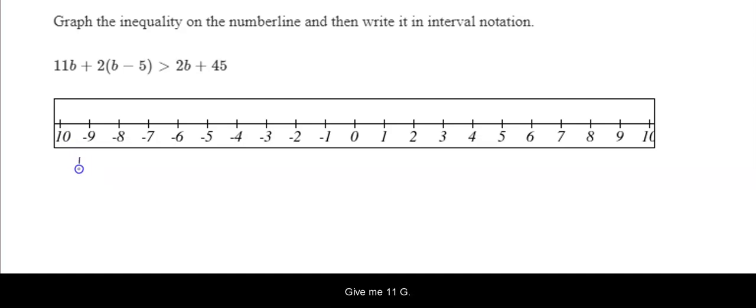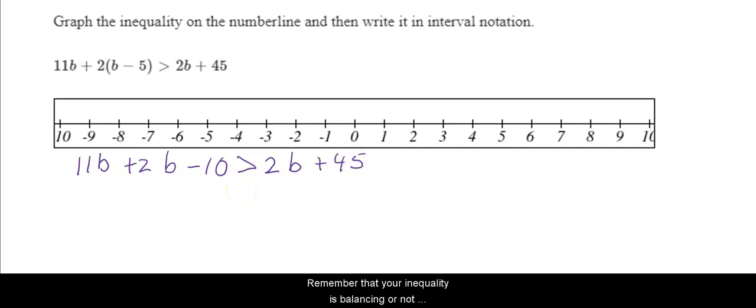This will give me 11b, and distributing the 2 across the parentheses, I will get plus 2b and minus 10, greater than 2b plus 45. Remember that your inequality is balancing or not balancing on the inequality symbol.